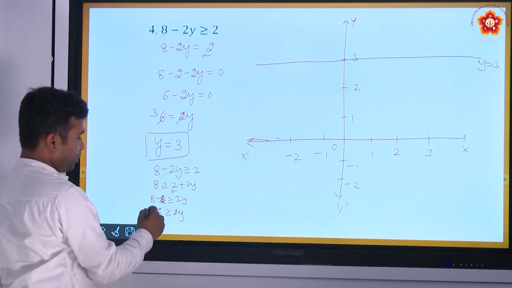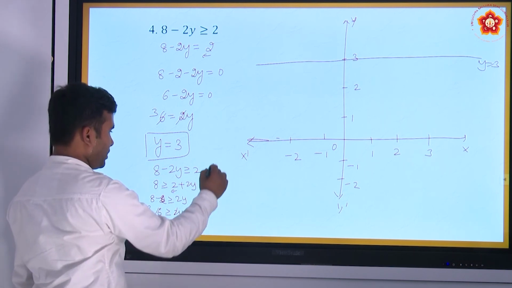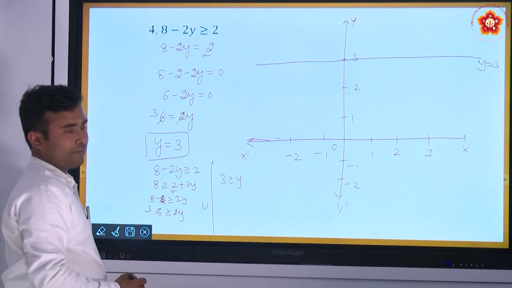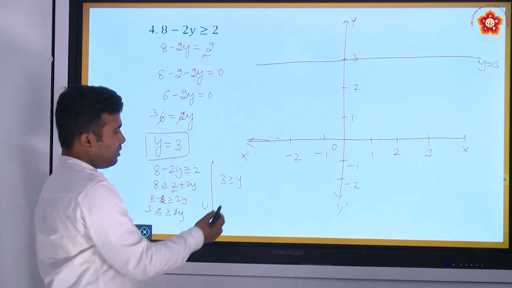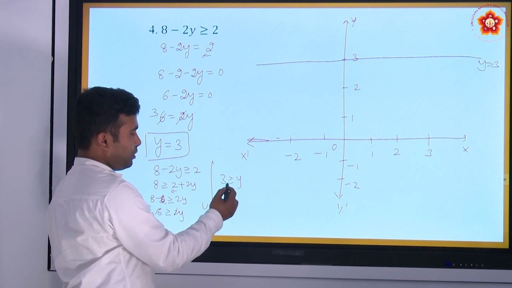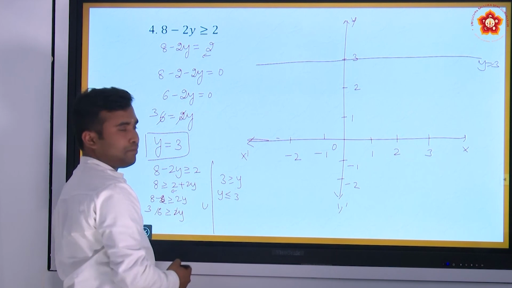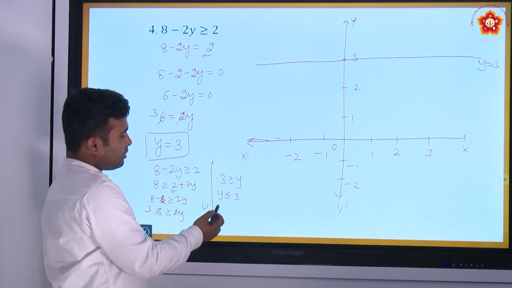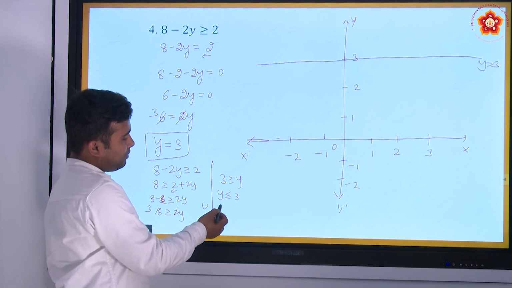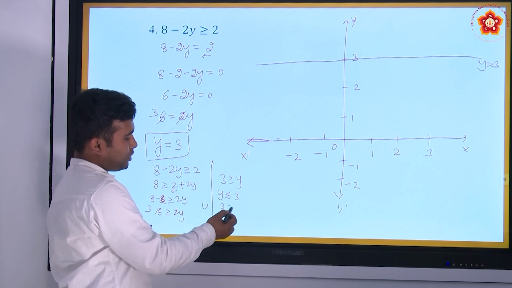So 2 ones are 2, 2 threes are 6. So 3 is greater than or equal to y. That means y is less than or equal to 3. Now what are the values for y which satisfy this inequality? If I take y is equal to 3, which is true.